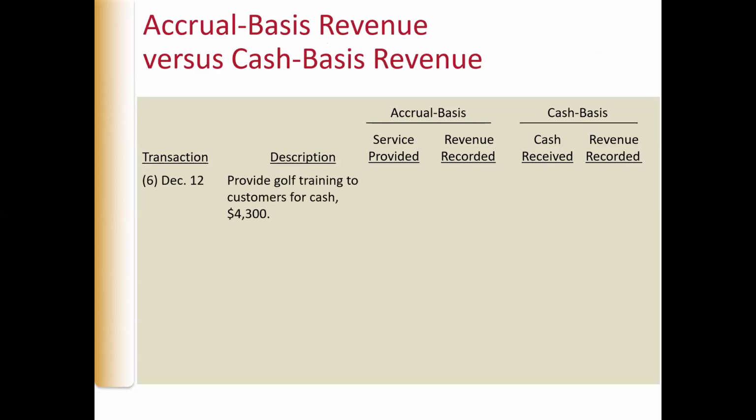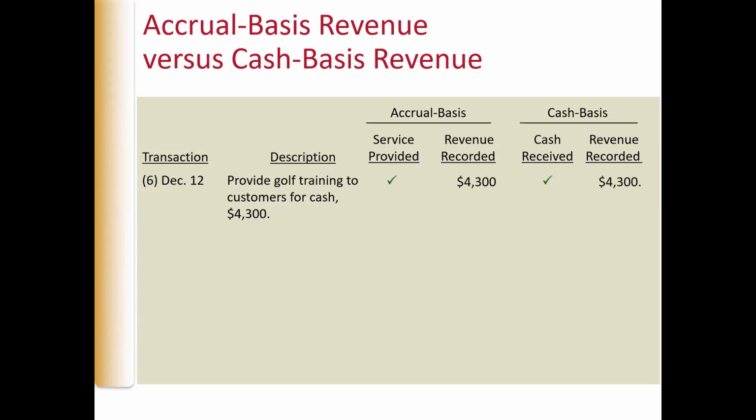So, accrual basis revenue versus the cash basis revenue. On December 12th, going back to our famous golf school, we provided golf training to customers for cash for $4,300. Under the accrual basis of accounting, we record it when we provide the services. Did we provide the services on December 12th? We would report it on December 12th.